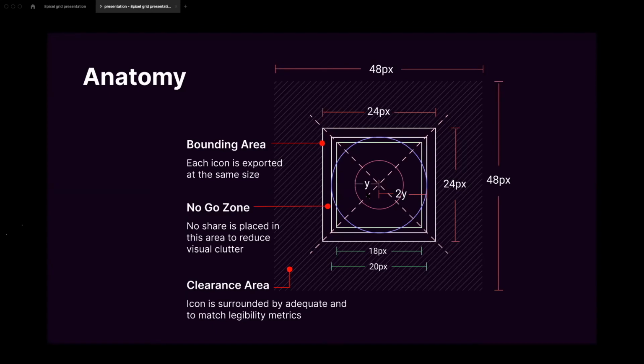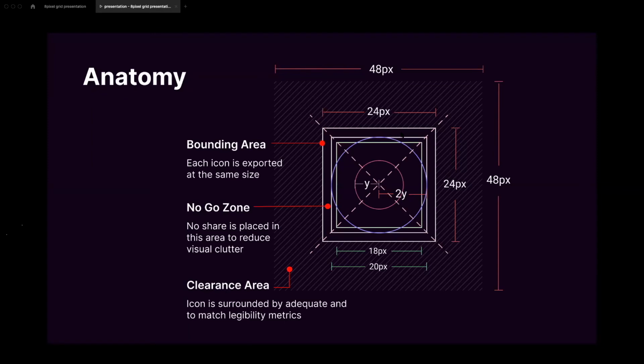Anatomy of icon grid design. The key canvas size of an icon is 24 by 24, in which the icons are created. In usage, however, the material system icon may be scaled to a range of sizes.